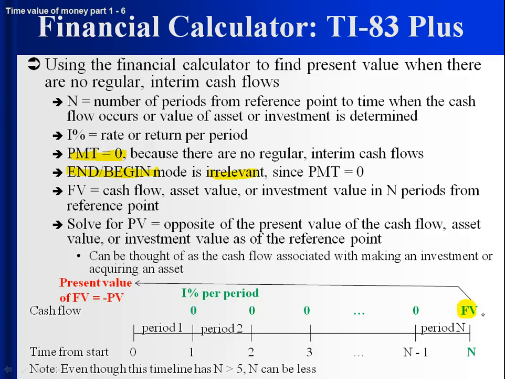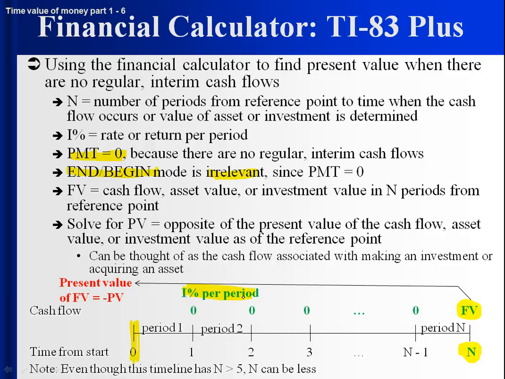So FV is what that value is or what that cash flow is, and so if it's a cash outflow, we're going to be paying money. We'd type in a negative number. If it's a case where we're going to get money or it's the value of something we own, we put it in as positive. N is the number of periods relative to the reference point at which the cash flow or the value takes place.